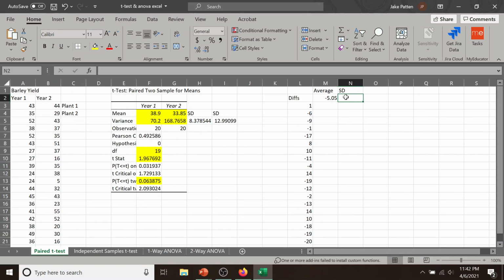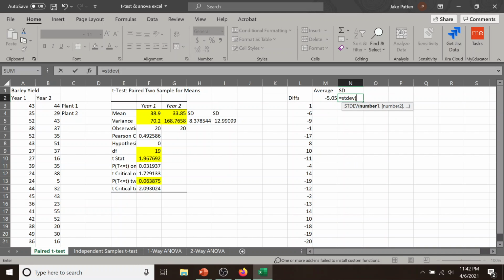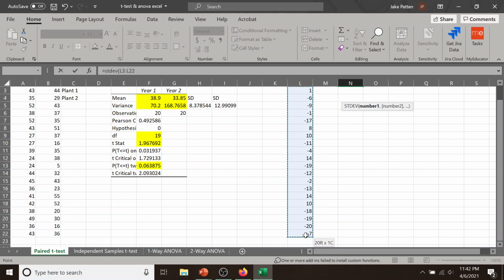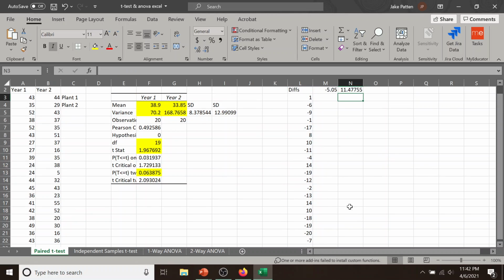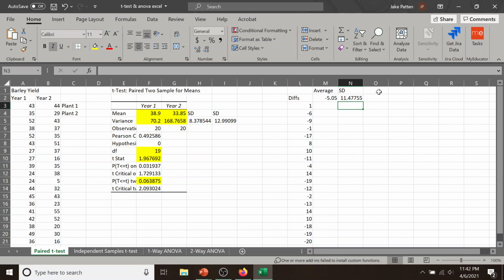For standard deviation, we're going to say equals STDEV. Hopefully you remember that from the beginning of class. Open parenthesis and then select all of this data here. Okay, so we have the average is -5. The standard deviation is roughly 11.5. And we want to put the n here as well. We have 20 participants.